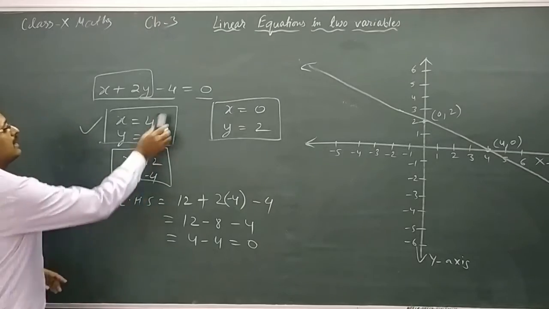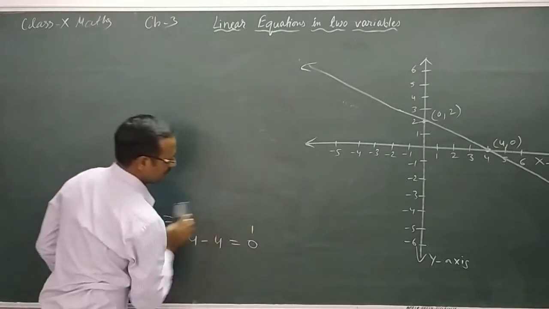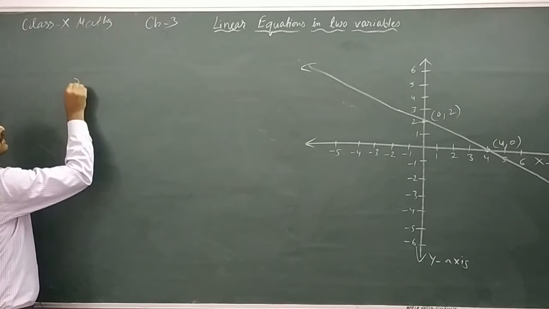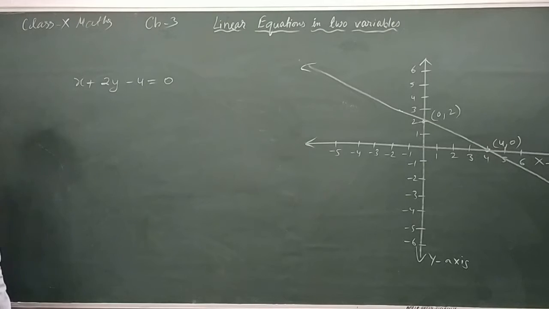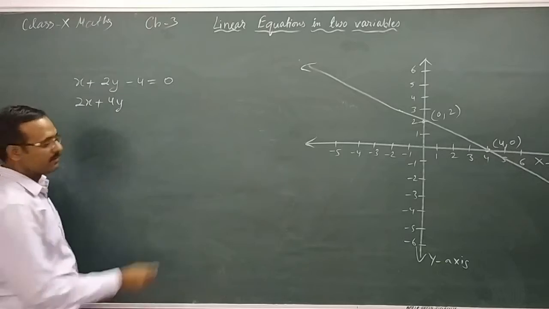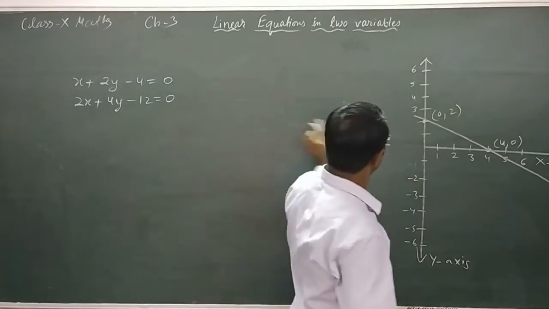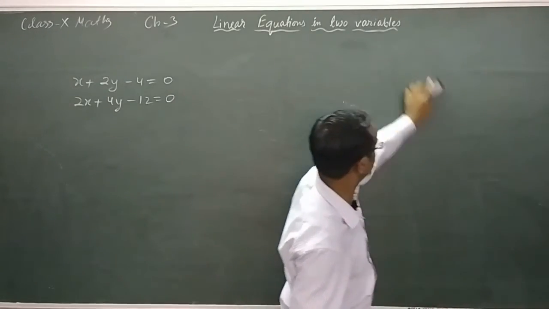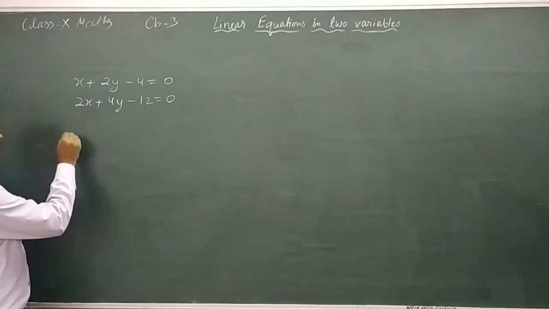Now coming to the case where there are two linear equations altogether. This is the first equation, x plus 2y minus 4 equal to 0, and the second equation is 2x plus 4y minus 12 equal to 0. Again we will plot some points.